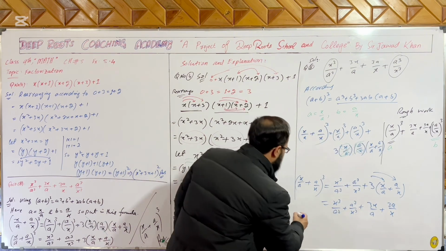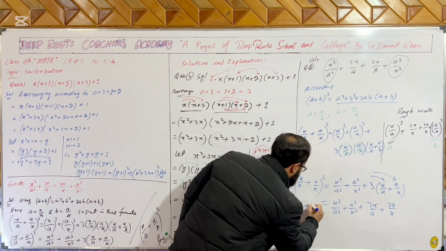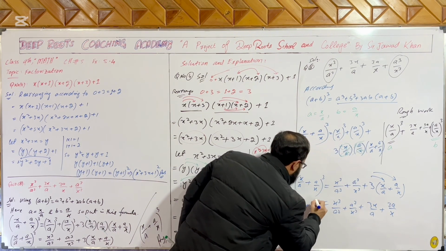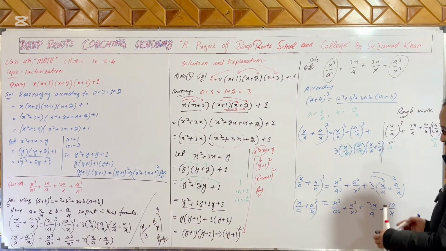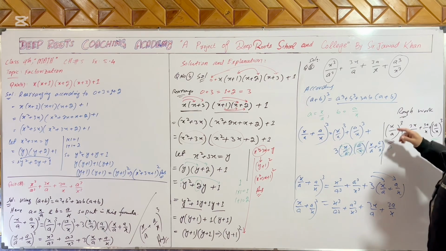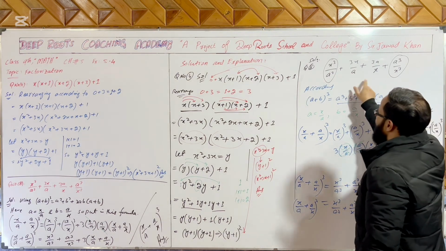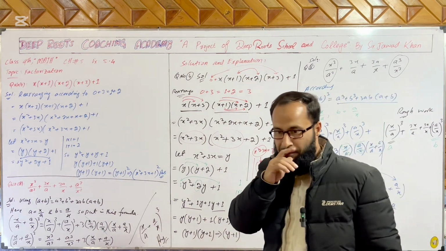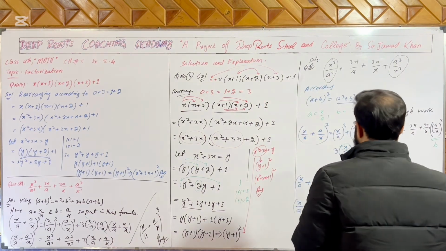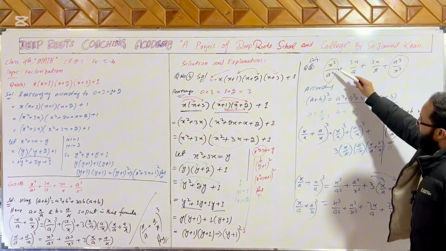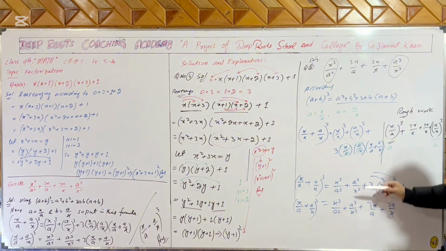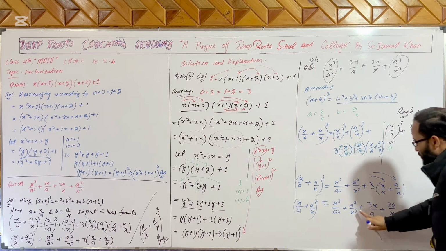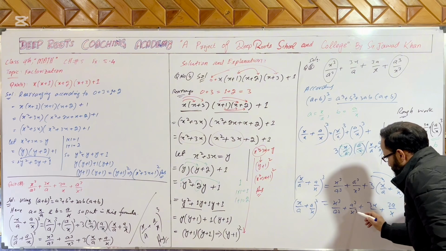And now if you look at the above question and the result of this formula, you will find that both of them are the same. Here x cube by a cube, x cube by a cube, a cube by x cube, a cube by x cube. So these two are the same.